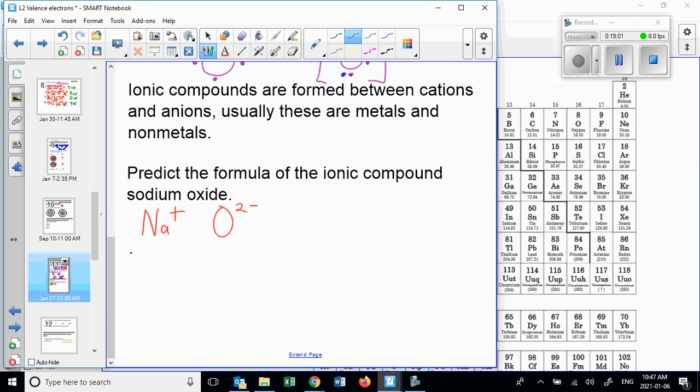You'll probably remember from grade 10 that you need as many positives as negatives to make a neutral ionic compound. I've got +1 and 2 minus, so I need a second sodium. Now I have as many positives as negatives. The formula you would be expected to write down is Na2O.